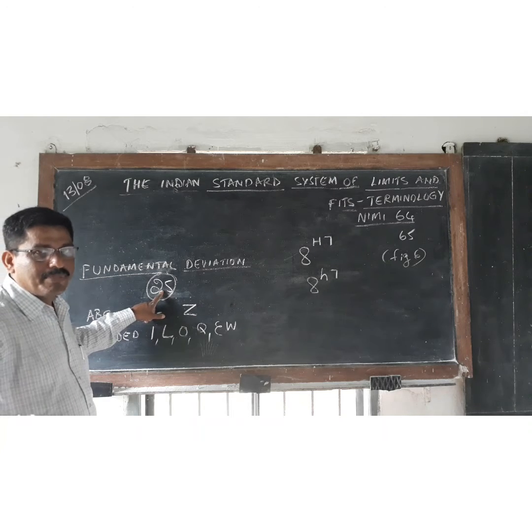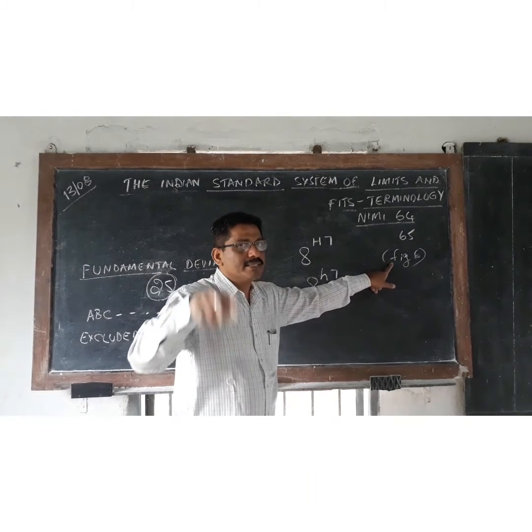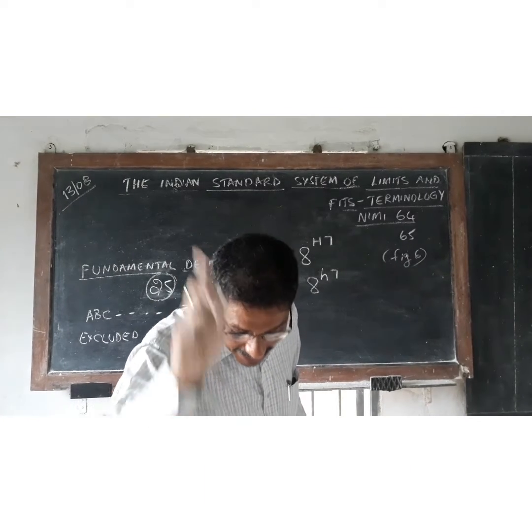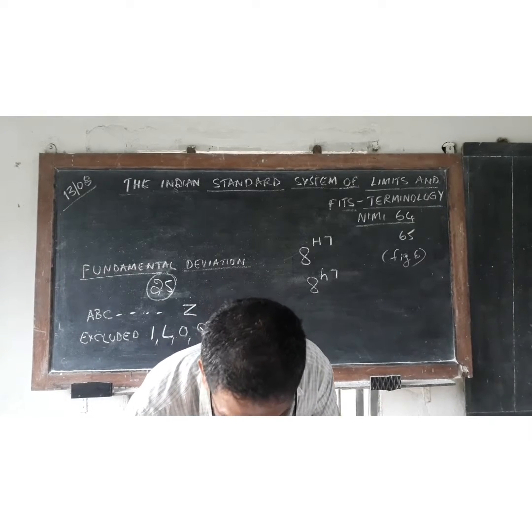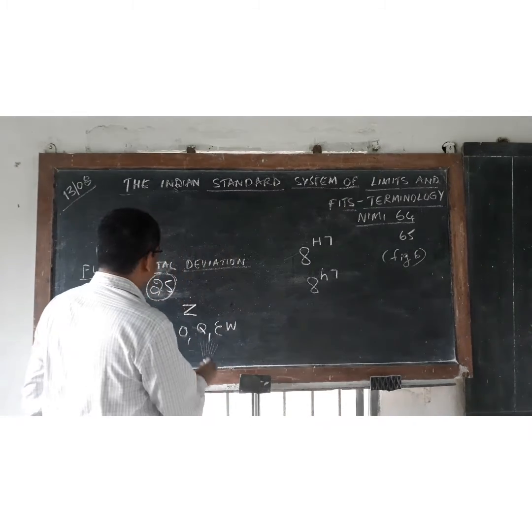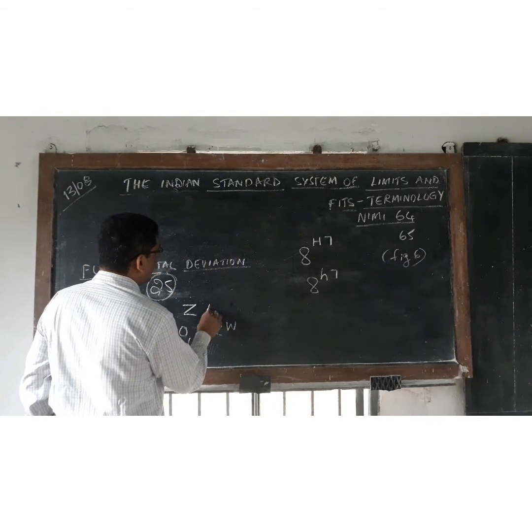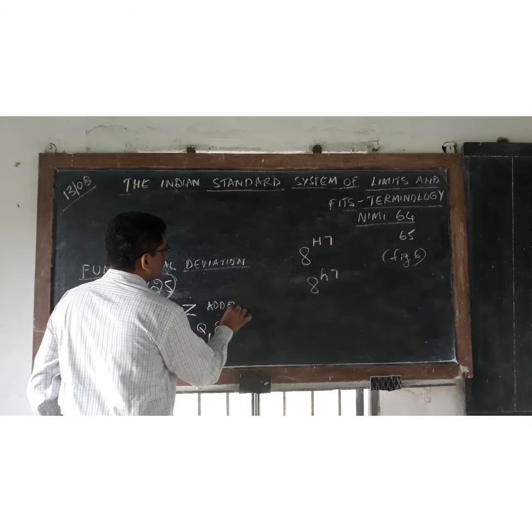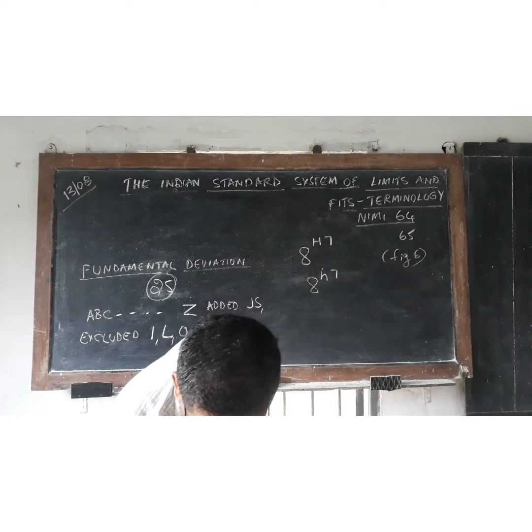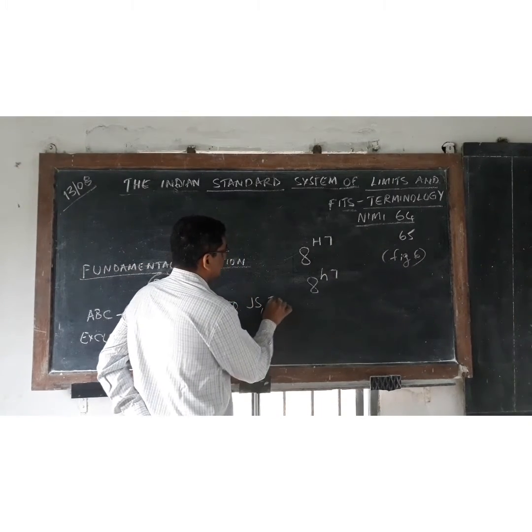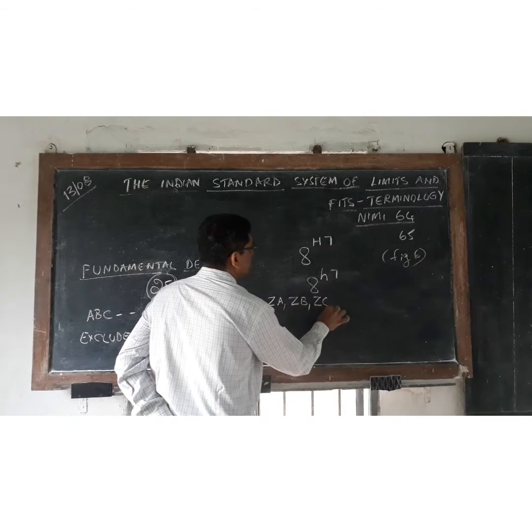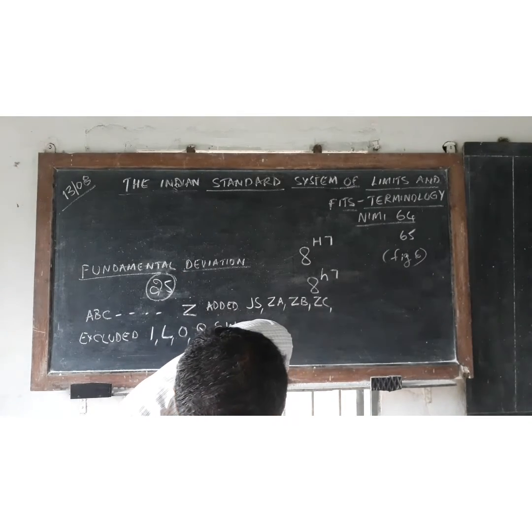Add up in figure number 6 and you will come to know exactly, 25 fundamental deviations are there. Additional to that, somewhere it is added: JS, then ZA, ZB, ZC.